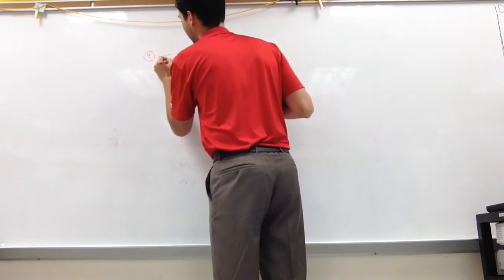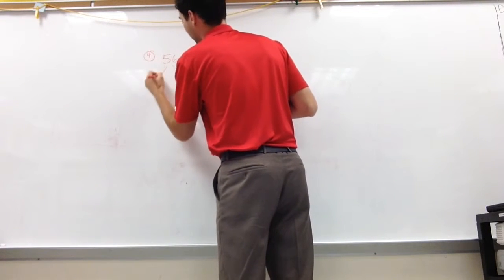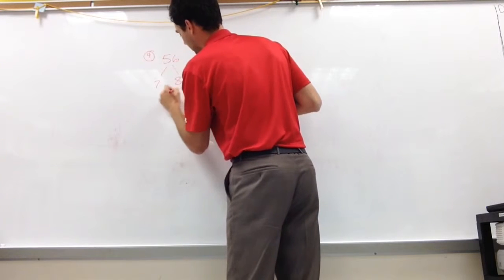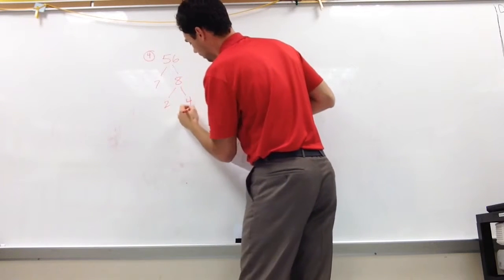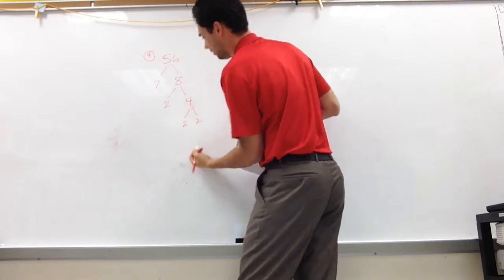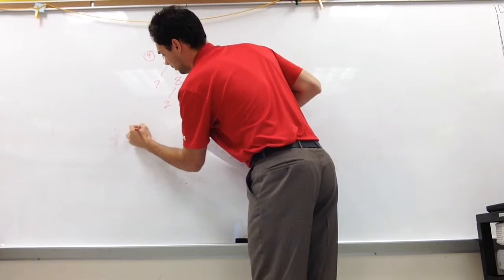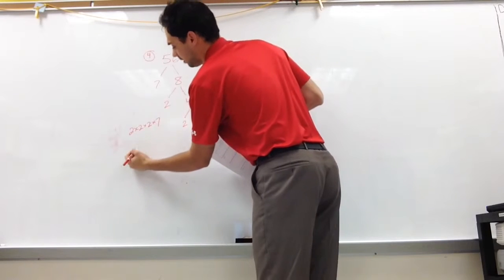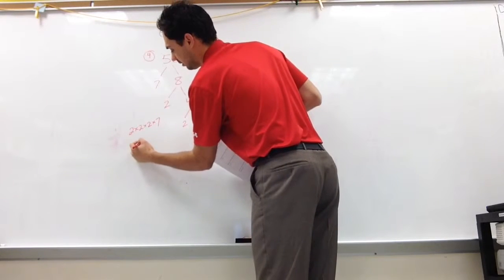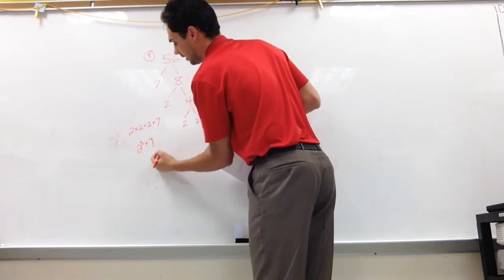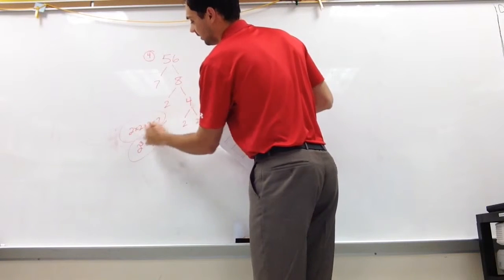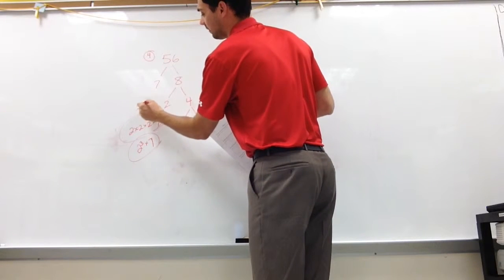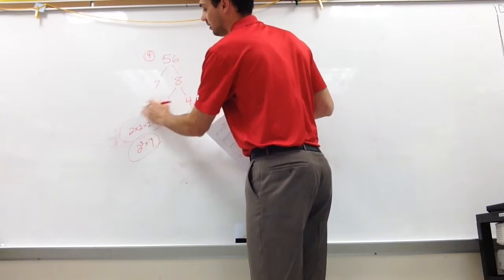So we're using the factor tree again, and use 7 and 8, and 2 and 4, 2 and 2. So it would be 2 times 2 times 2 times 7. It says use the exponent, so this would be 2 to the third power times 7. If you keep it as this on this section, it would be a half point off on the test.